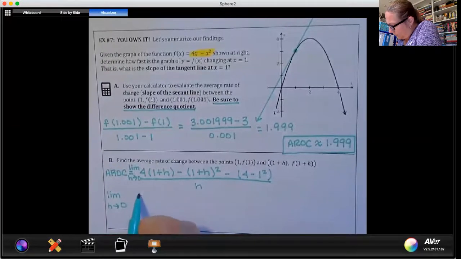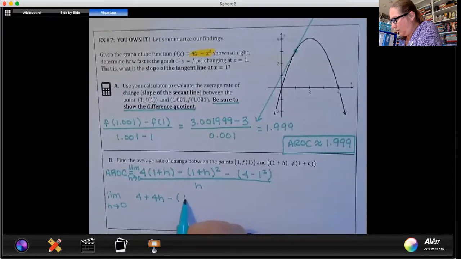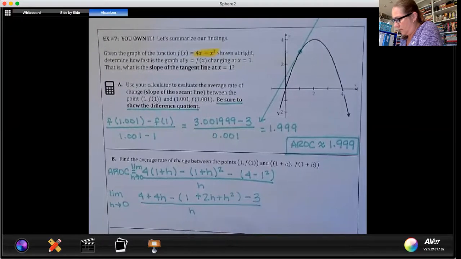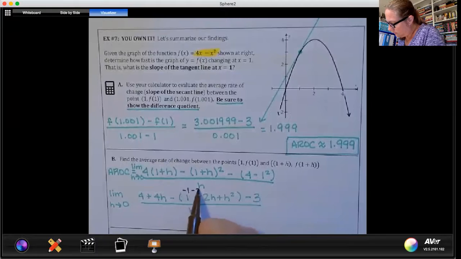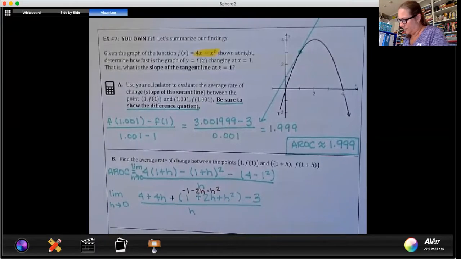So we have 4 plus 4h minus 1 minus, let's do plus 2h plus h squared minus 3 over h. We're going to distribute that negative. And let's see, we've got 4 minus 1 minus 3, so that's going to give us 0.